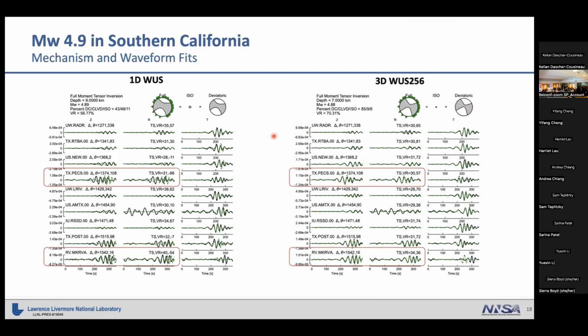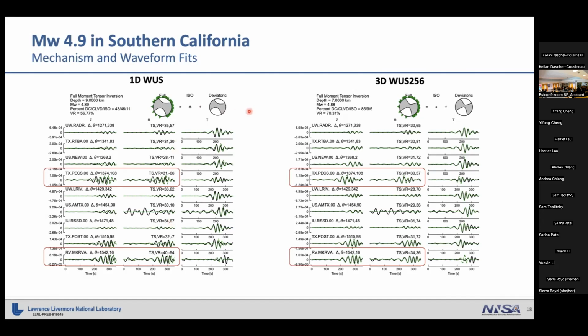The difference, if you look at the waveform fits, is pretty significant: 56 to 70%. I think this event has about 60 stations that we selected, and the improvements are in better aligning the waveforms here. Some stations definitely improve a lot more, especially the stations further away.